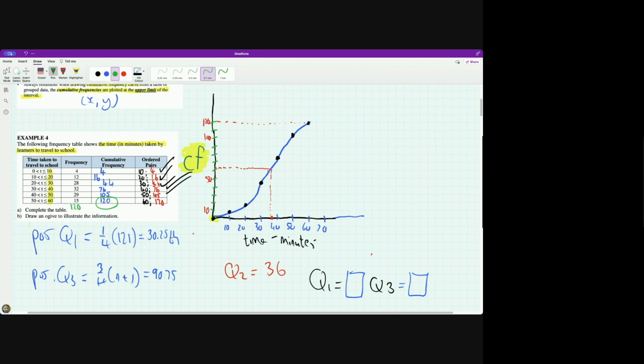So what is my estimate going to be for Q1? And what is my estimate going to be for Q3?